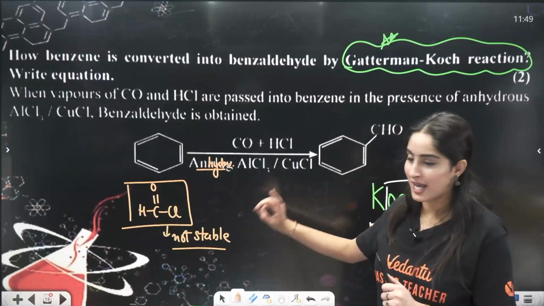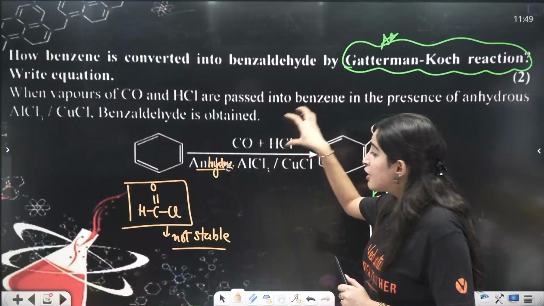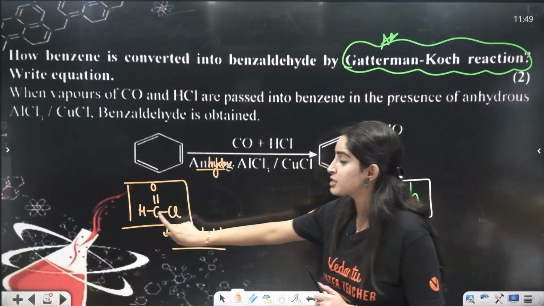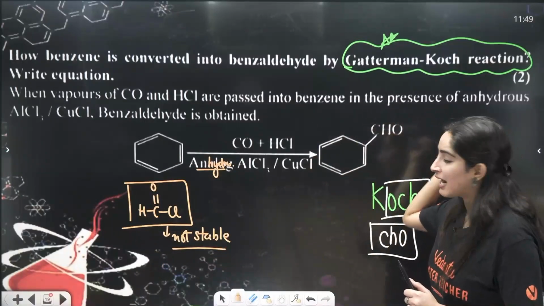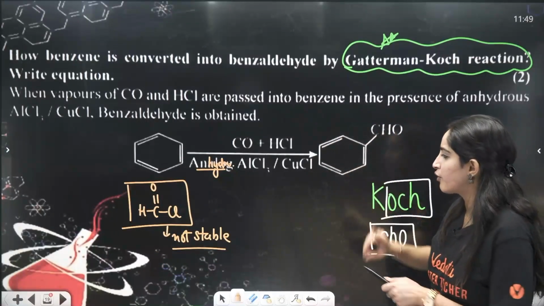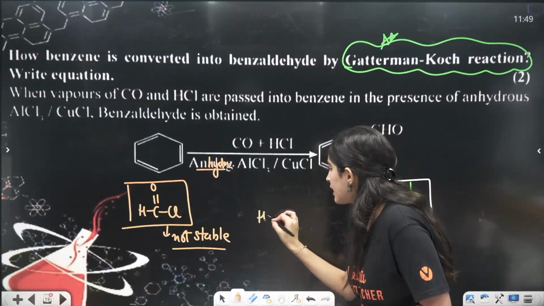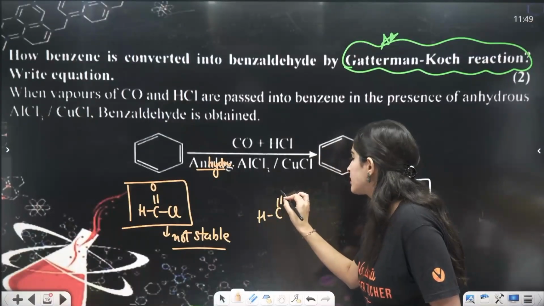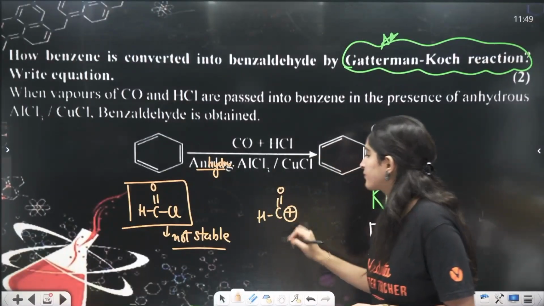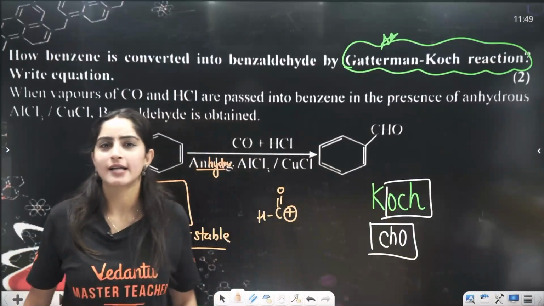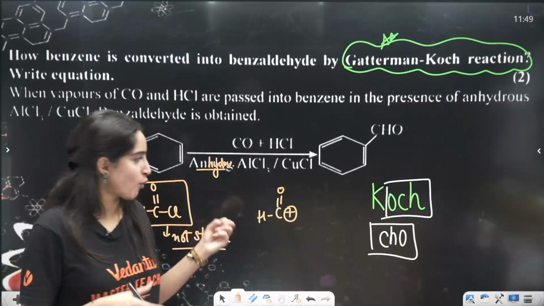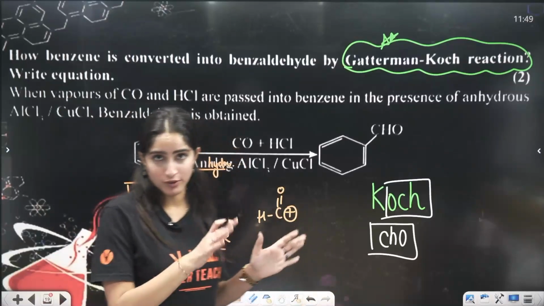That is the reason I am using CO plus HCl, which in the reaction will form this formyl chloride, and then that will attack over there. From here the electrophile generation will be this, right? And it will attack over here, and you will have the formation of benzaldehyde, right? That is just a concept that I wanted to tell you before this, right?